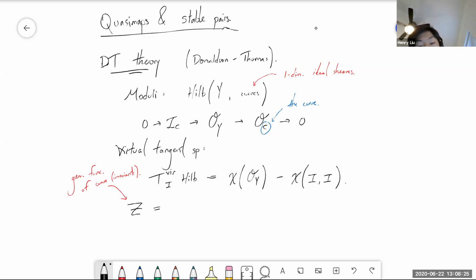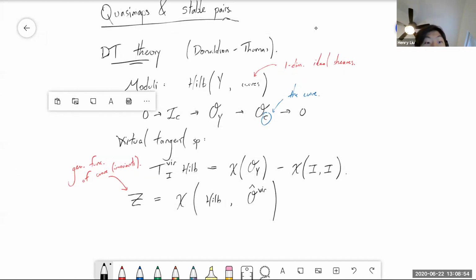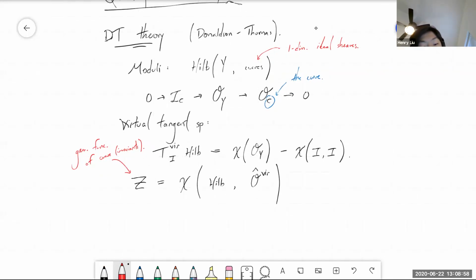And we're going to do this in K-theory. So instead of writing an integral over the space, we're going to write a K-theoretic integral, which will just be an Euler characteristic over the moduli space. And here we're going to put the virtual structure sheaf, possibly with some symmetrization. And I don't really want to go into detail about this, because in the end, we're going to focus on the case.